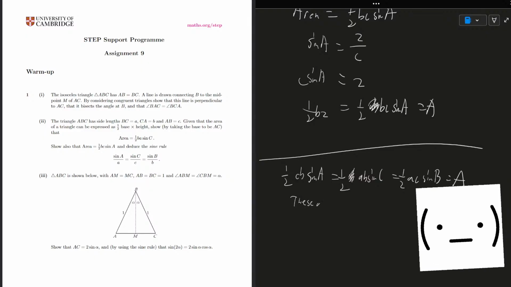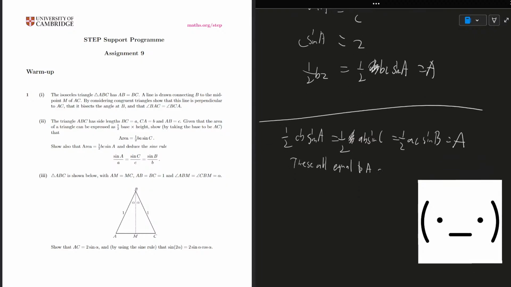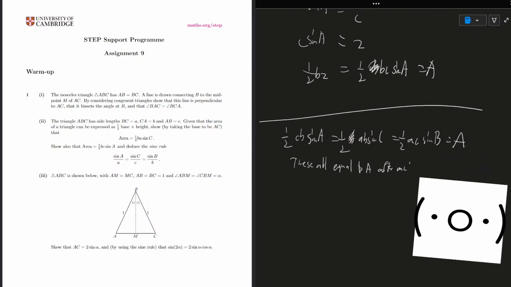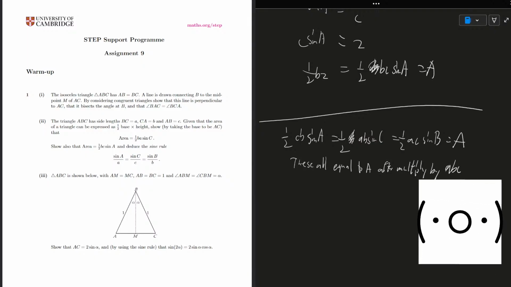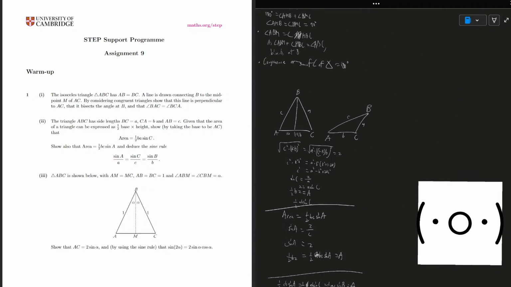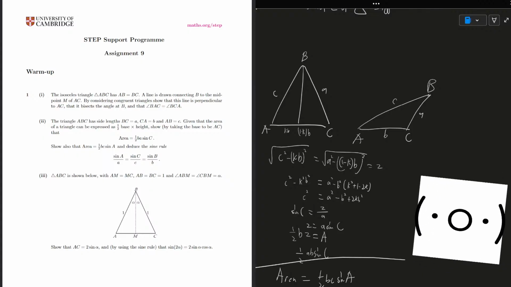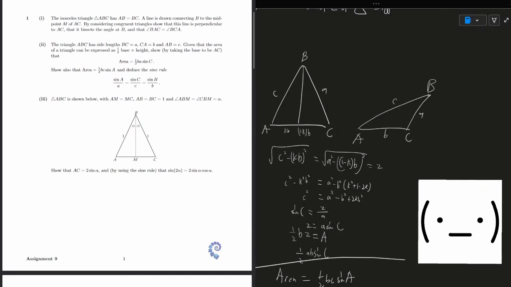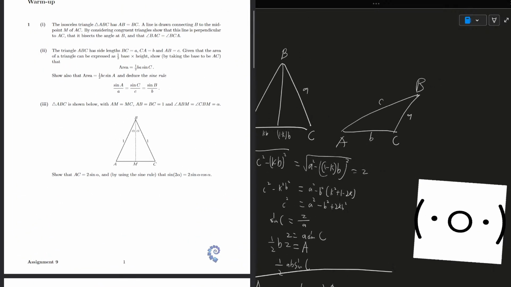These are equal to A. After, just in case I forget, multiply by A, B, C. And okay, so now we're forced to consider the edge case because they haven't really given us much room to work with here. I've got this question that I could answer, but I'd just be putting it off.